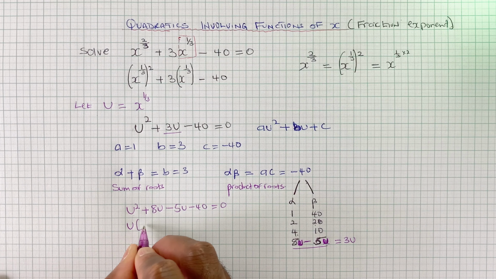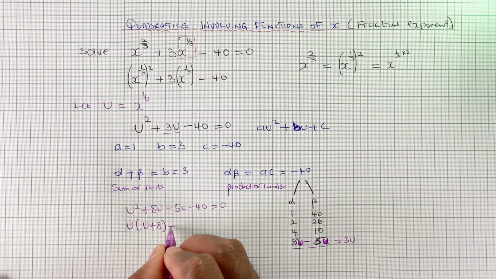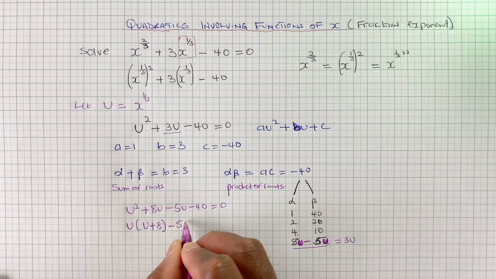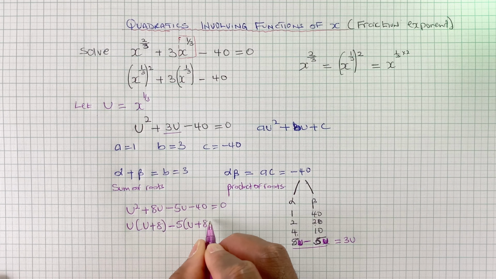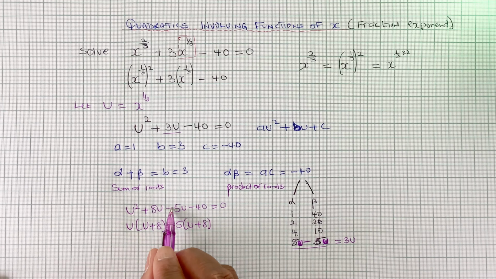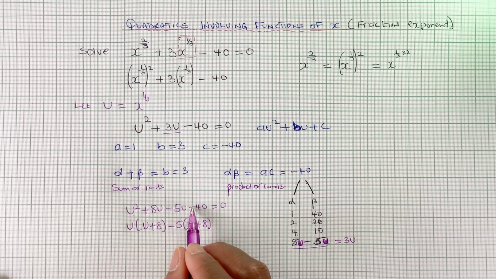u is a common factor, so I get u plus 8, minus, bring the minus down. 5 is common. I get u plus 8 as well, because if I take minus 5 out, I will get u there. Minus 5 times u is minus 5u. And I have to change the sign here because I've taken minus out, so that will become plus.